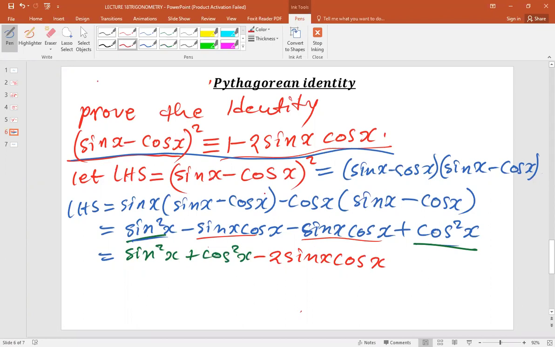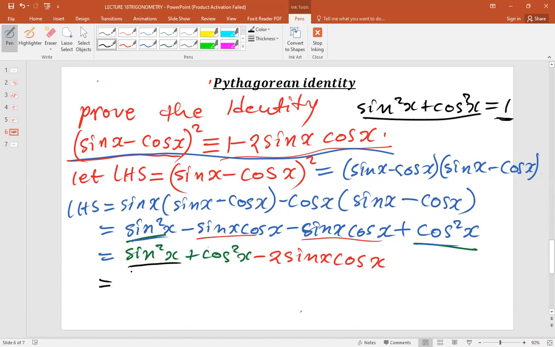So this part here, if you remember the Pythagorean identity, I said sin squared x plus cos squared x is just equal to 1. So while there is this expression there, I can replace it with 1.